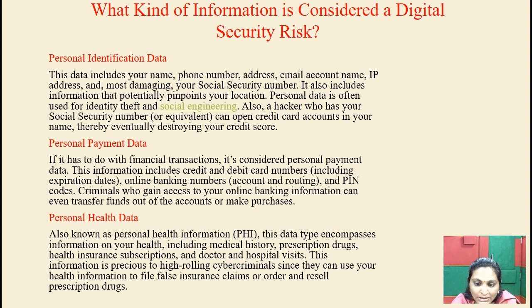Medical history, prescription of drugs, health insurance subscriptions, and doctor and hospital visits. This information is precious to high-rolling cyber criminals since they can use your health information to file false insurance claims or order and resell prescription drugs.